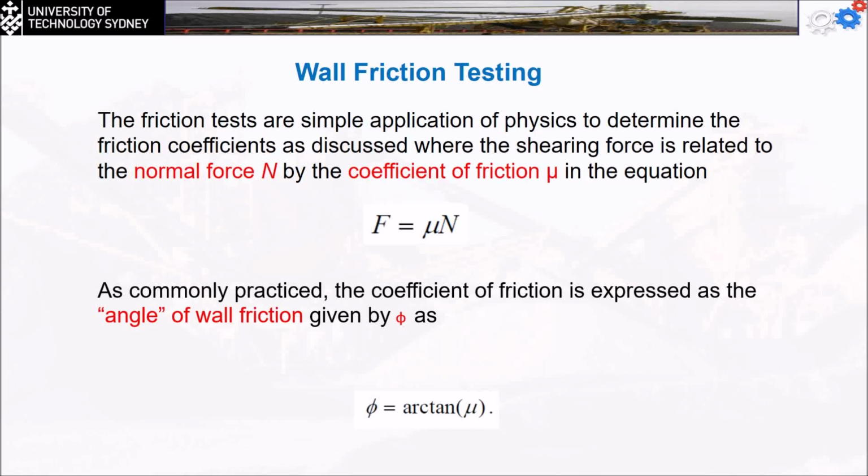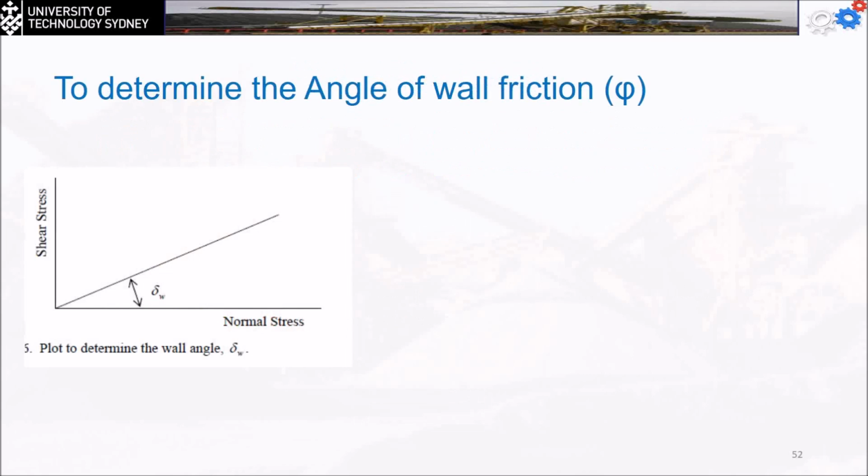If I make a graph between the normal stress I apply and the shear stress I get, the angle between them is going to be the delta W. So this is the wall angle value. I should change it. Actually, I thought I changed it, but I don't know what happened.